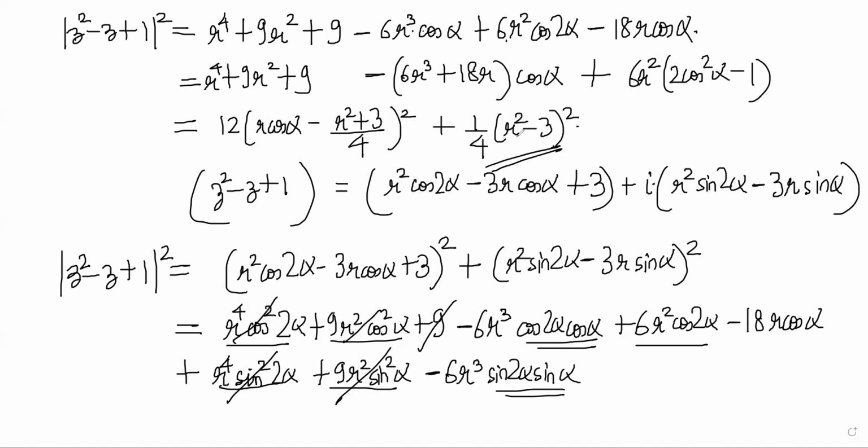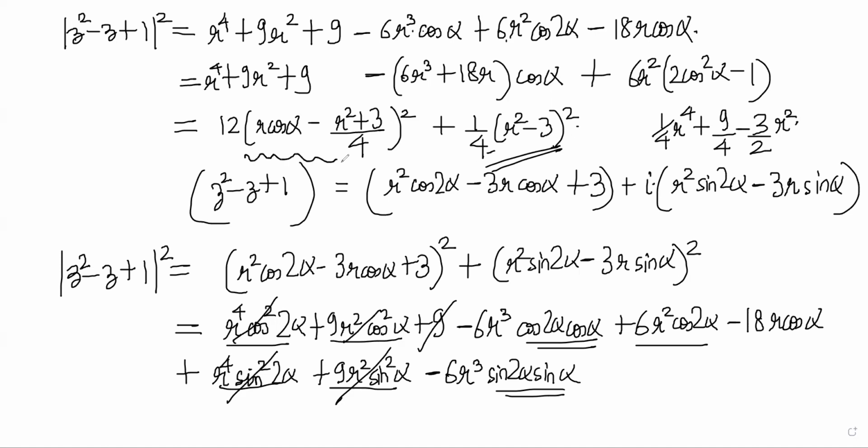So when you are writing it like this, you are writing it as 1 by 4 r power 4 plus 9 by 4 minus 3 by 2 r square, right? 6 by 4. This is what I am getting from the second term.